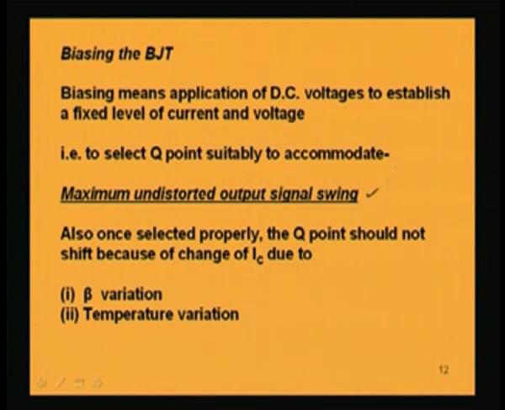Suppose we have selected the Q point at the middle of the load line just to have the maximum undistorted swing, like this. Even after selecting the Q point properly, it may so happen, and it does happen, that the Q point shifts either above or below the properly selected initial position.